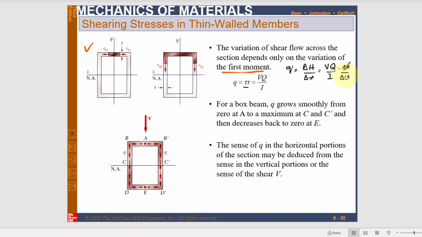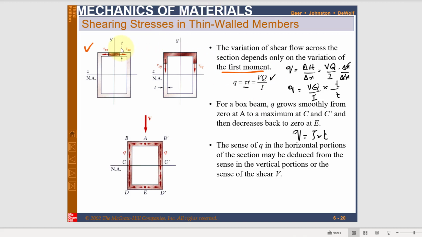So this delta x will be cancelled with delta x, and q will be equal to VQ over I. If we multiply and divide both by t, we know that VQ over It is equal to shear stress. So q will be equal to shear stress, and this t will remain the same. So q is equal to tau into t, which is equal to VQ over I.